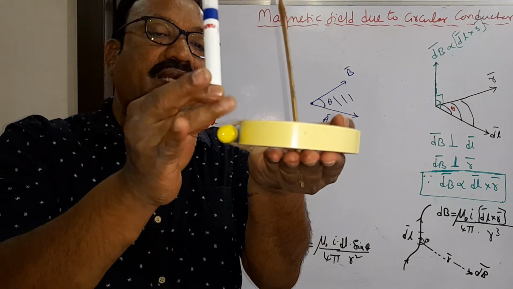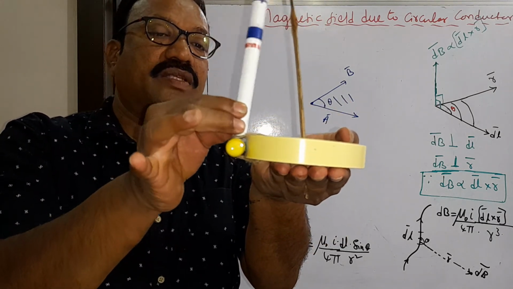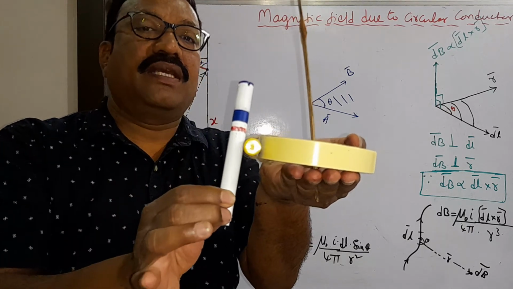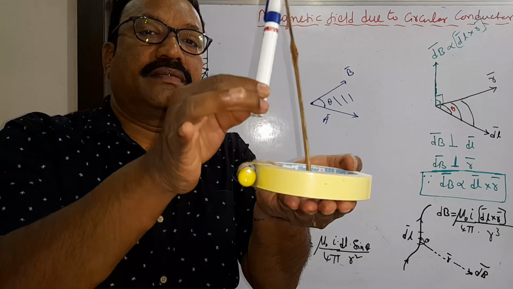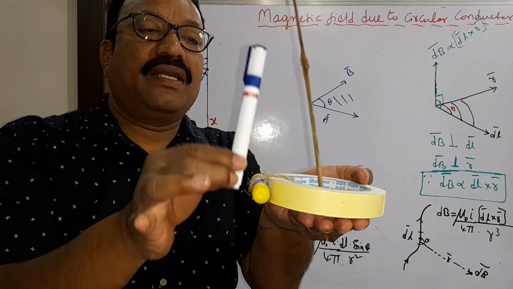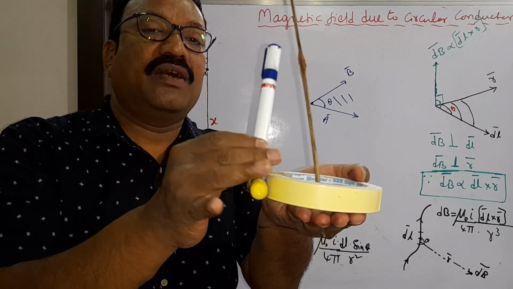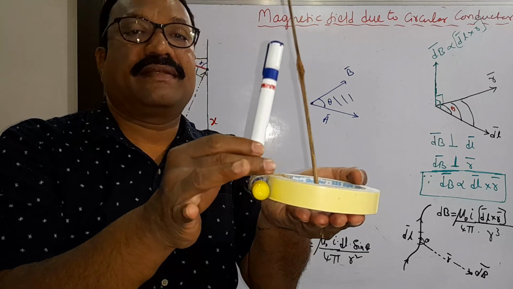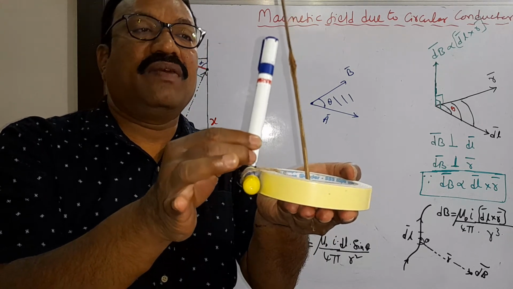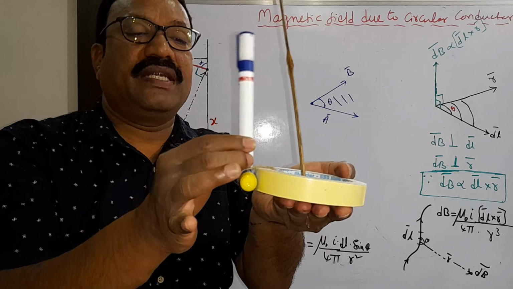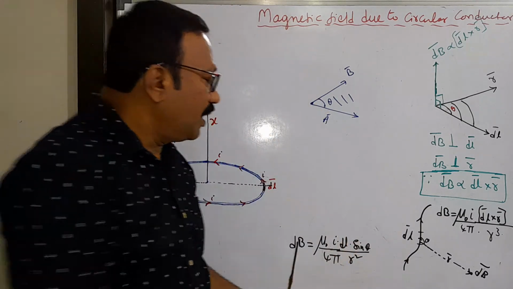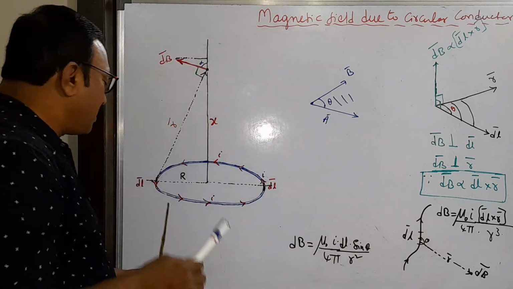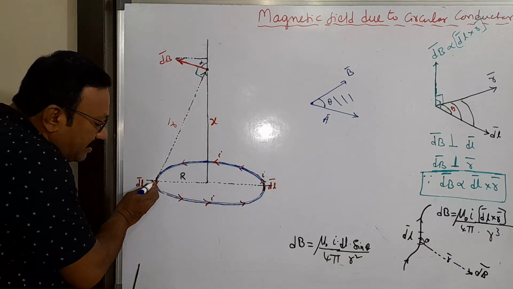Because this is dl bar and this is r bar. So angle between dl bar and r bar, how much here? 90 degrees. So whatever the position may be here, this 90 degrees won't change.